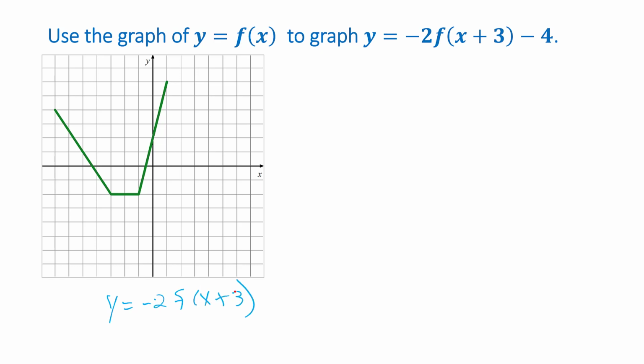The next thing we want to do is we only have one number here left to take care of, minus 4. This is the number that's going to shift our graph down by 4 units. So to do that, we're going to add -4 to the y coordinates here.